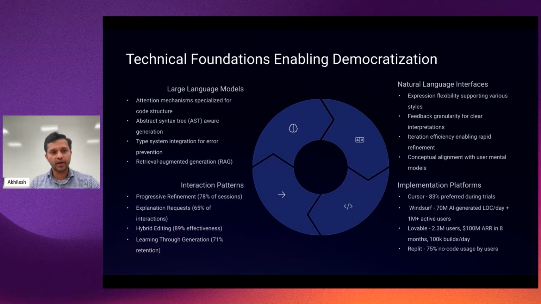And what are some of the technical foundations that are enabling this democratization? I think everyone would have heard about ChatGPT, Gemini, Anthropic and other models. These are the large language models.